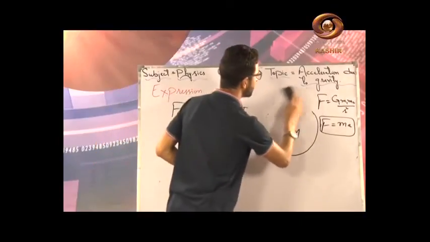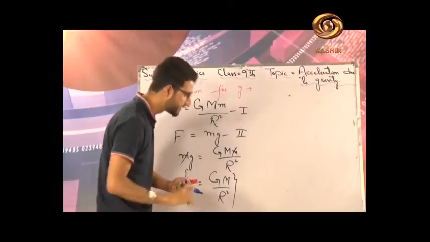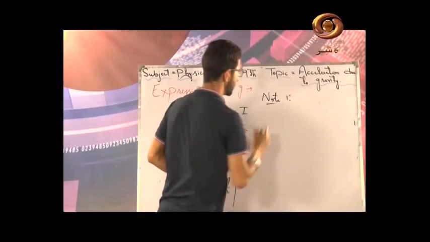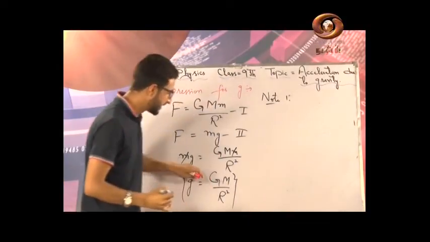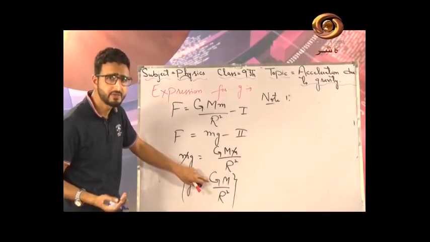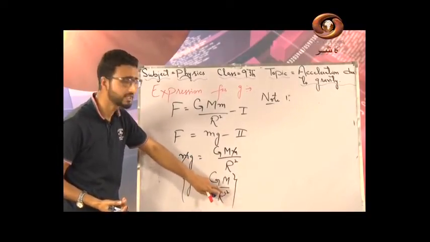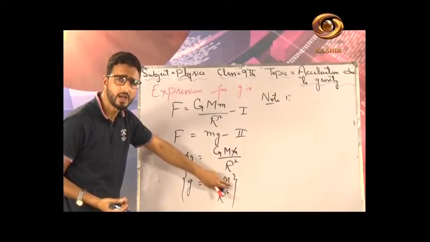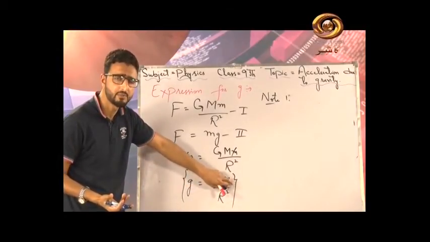Now let's write few points regarding this very expression. Now you can easily see from the expression of g that it is equal to G, the universal gravitational constant, mass of earth, and square of the distance between small m and capital M, right? Does it depend upon the small m, I mean the mass of the body itself? You cannot see small m in this expression.